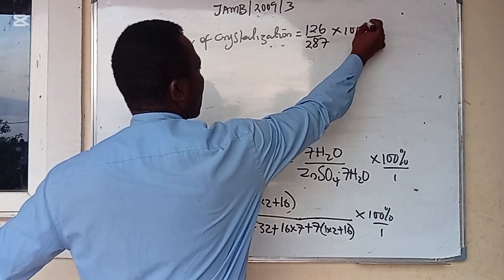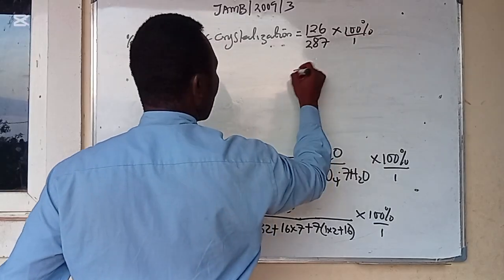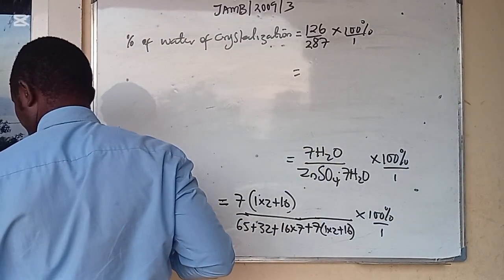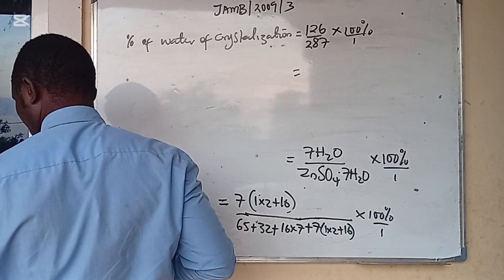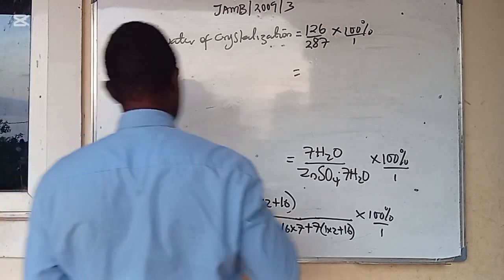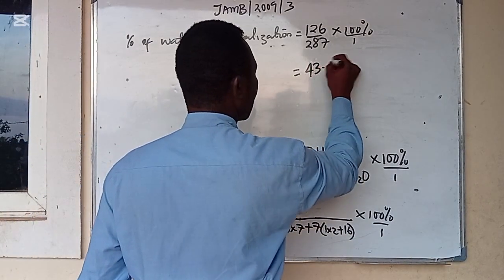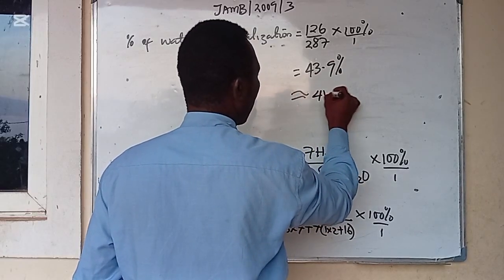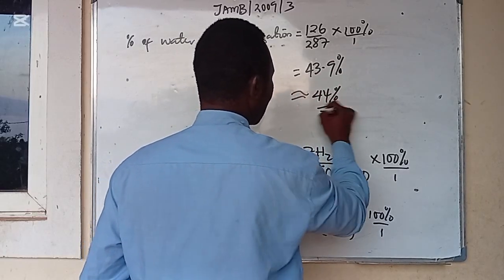Then multiply by 100% over 1. What we are getting is 43.9%, which is approximately 44%. So that is the answer.